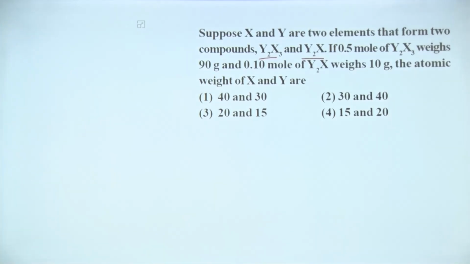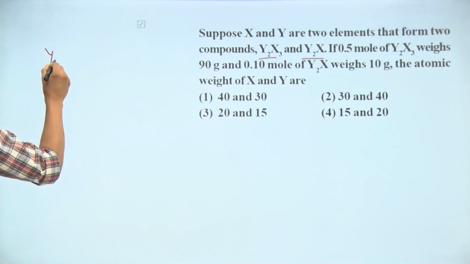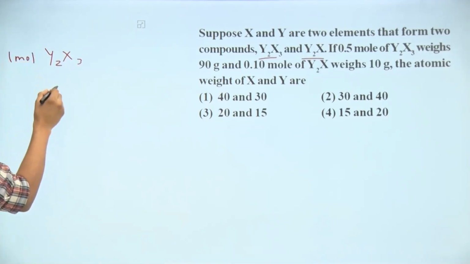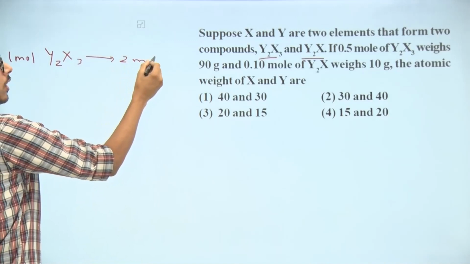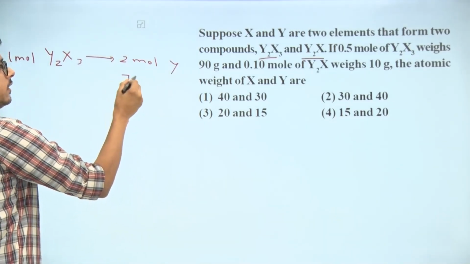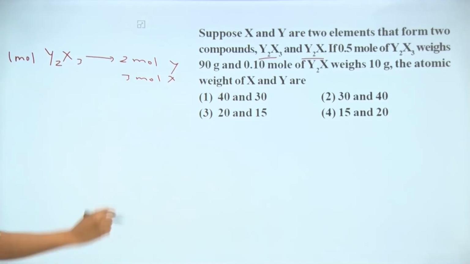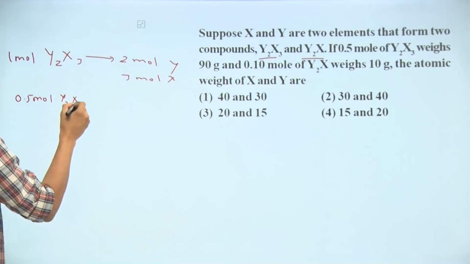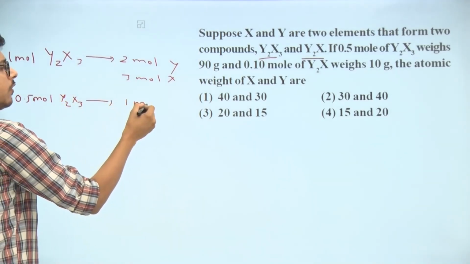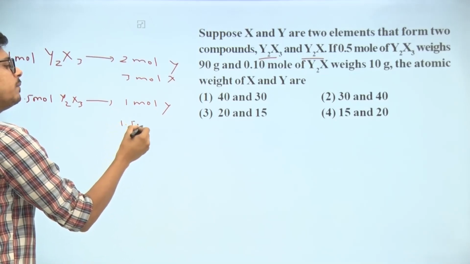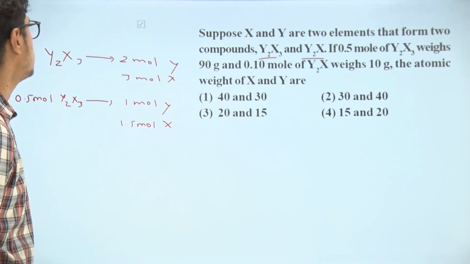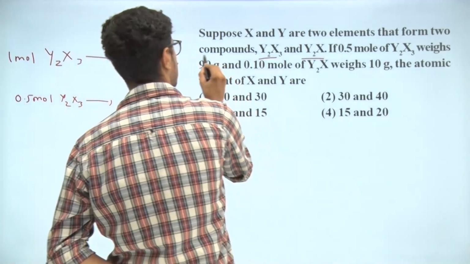Okay, so first of all, we have 0.5 moles of Y2X3. In 1 mole of Y2X3, we will have 2 moles of Y and 3 moles of X. So in 0.5 moles of Y2X3, we will have 1 mole of Y and 1.5 moles of X. And the mass of 0.5 mole Y2X3 is given as 90 grams.